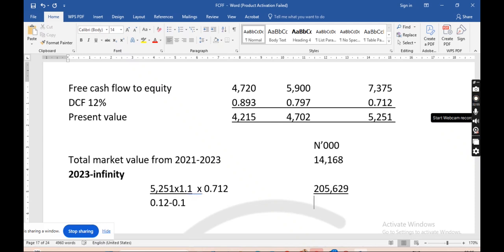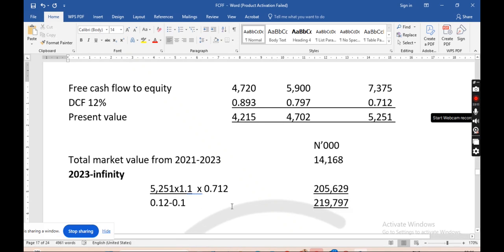205629. So what do you have here? 219797. Class, this is the total market value.